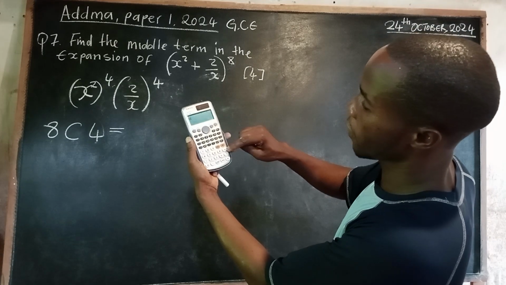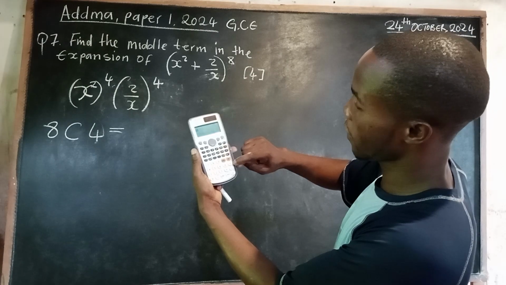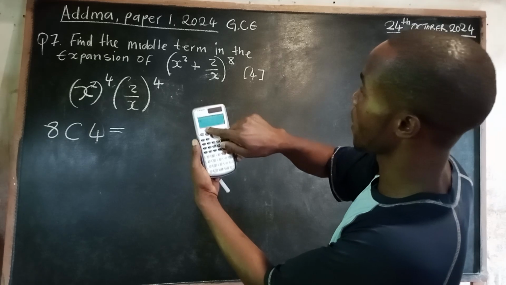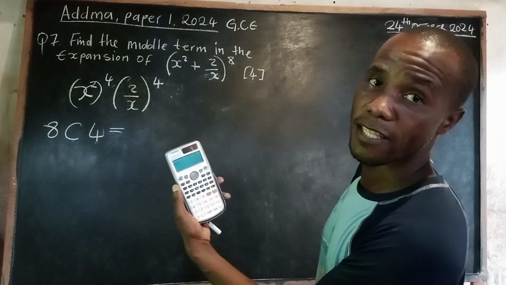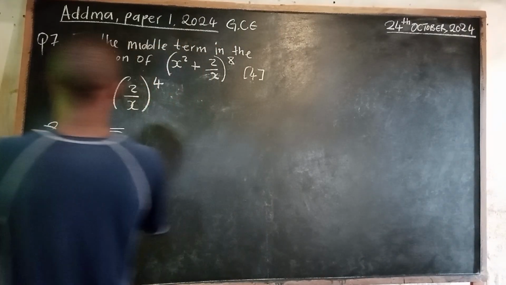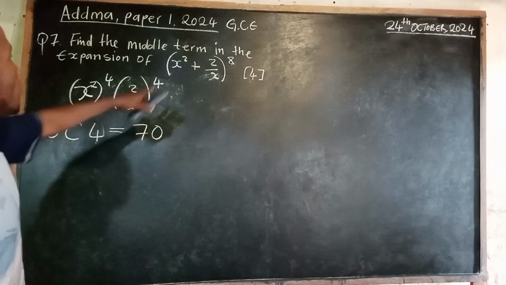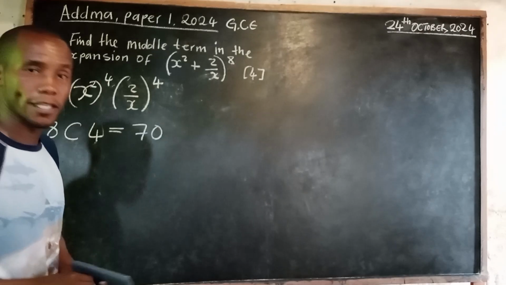The one that I'm using has it on the division sign. Once the C is written there, I write 4. What is the answer? The answer is 70. So this is telling us that the coefficient of the middle term is 70. Now from there, we can proceed.